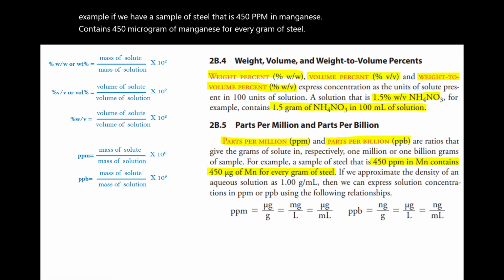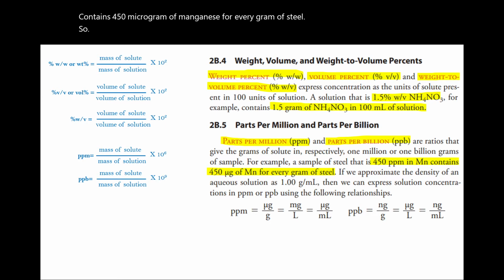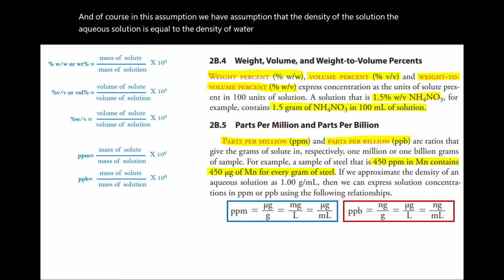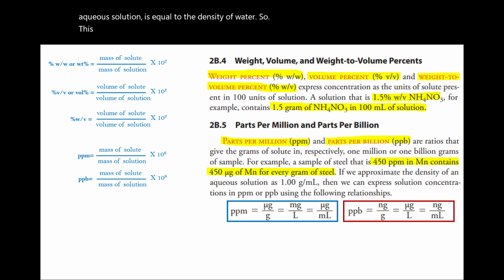And of course, in this we have the assumption that the density of the aqueous solution is equal to the density of water, so it's so dilute. Otherwise the assumption would not be accurate.